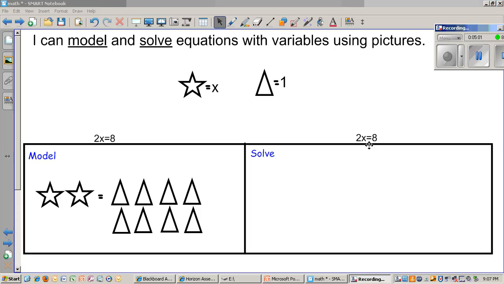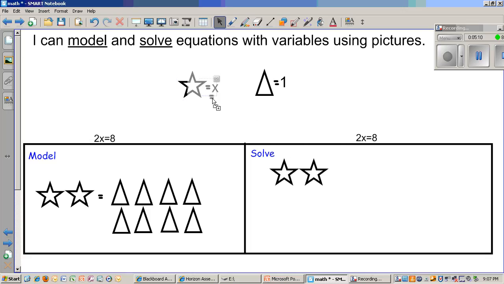Okay. So first let's just go ahead and model this again. We have 2x here, right? And this was equal to 8, so we're going to take 8 of these guys.